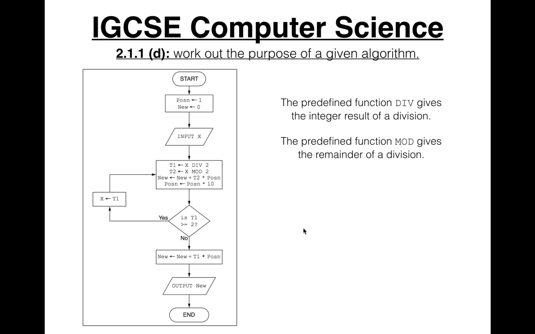So what this means is 10 div 3 is 3, because 3 goes into 10 3 times, so the remainder is ignored, and 10 mod 3 gives 1, which is the remainder. So 10 divided by 3 is 3 remainder 1, so 1 is returned. Hopefully you'll see what this does. It just gets the division and the remainder. You get the point.